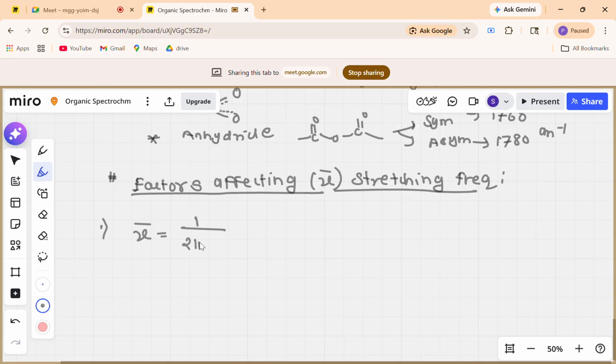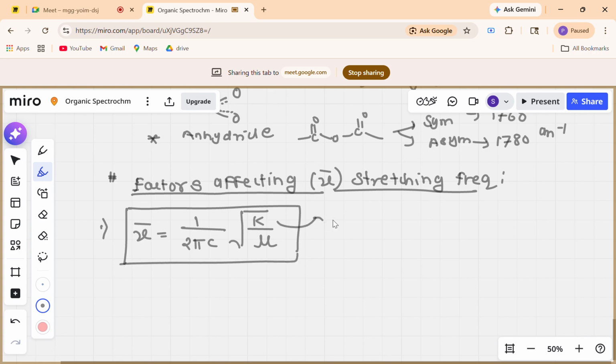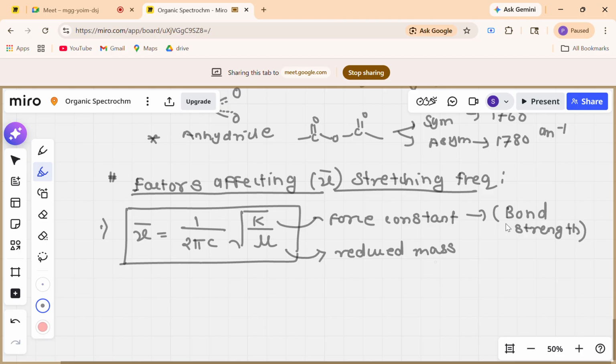So this stretching frequency is given by the formula 1 upon 2 pi c into root of k by mu, where k represents the force constant, and force constant corresponds to your bond strength, how strong or weak your bond is, and mu is called the reduced mass, given by m1 m2 upon m1 plus m2. To calculate reduced mass, this is the formula we use.